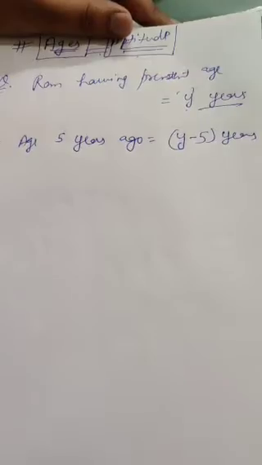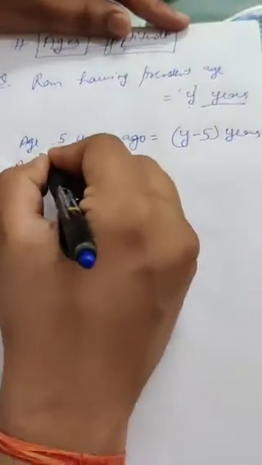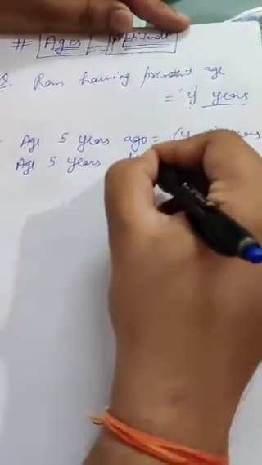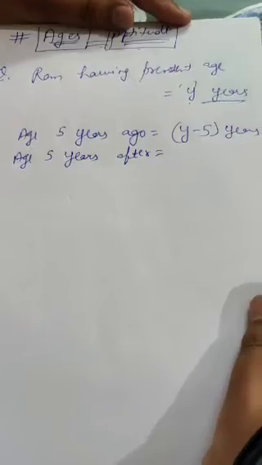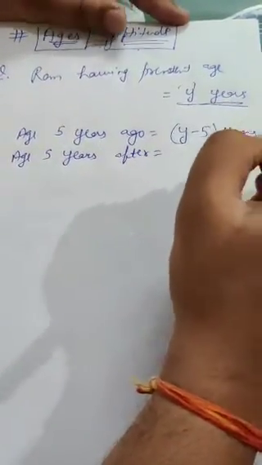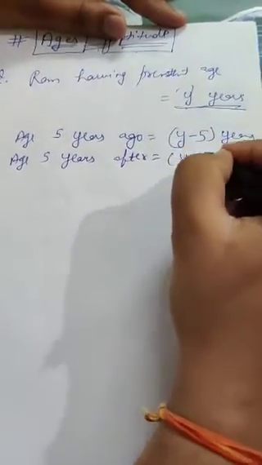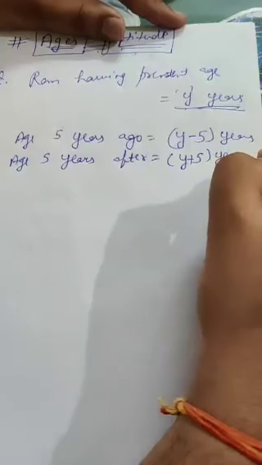Similarly, if it asks for the age after 5 years from the present age, the present age is y, and after 5 years that is plus 5, so that is y plus 5 years.